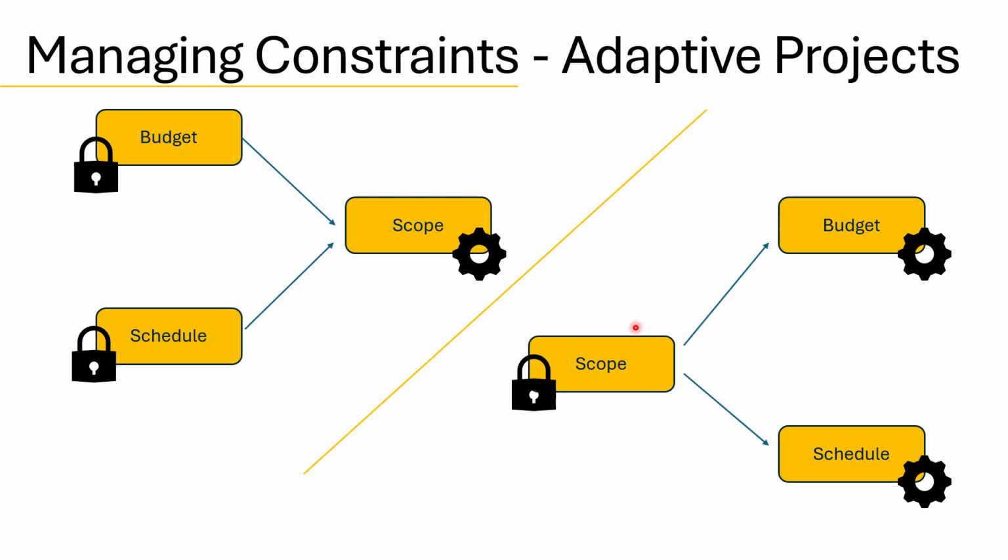Here, the deliverables are non negotiable, but the project may require more time and resources to achieve them. This option is less common but can be necessary when certain outcomes are mandatory. The key is that adaptive projects don't treat all constraints equally. They choose which ones to stabilize and which to flex, depending on the project context and organizational priorities.